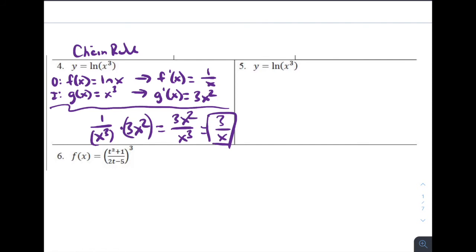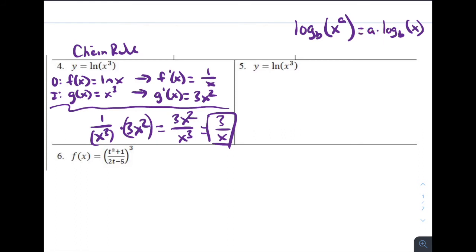Specifically, going back to those log rules from algebra 2 or pre-calculus, if you have log base b of x raised to the a power, this is equal to a times log base b of x. Essentially, the rule says that we can take that exponent and bring it outside, and it becomes a coefficient of that logarithm.